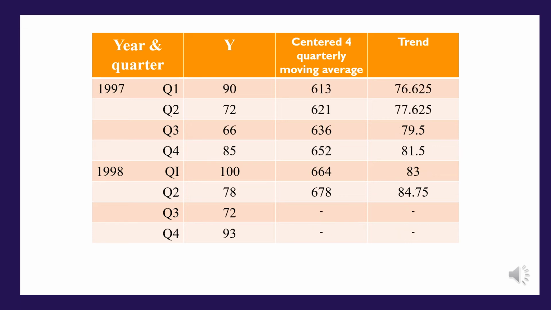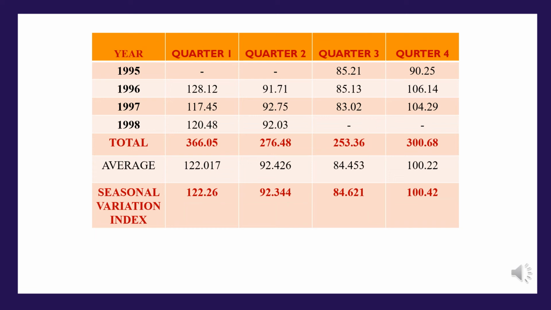Similarly, we can calculate all the trend values. After calculating all the trend values, we need to calculate original value divided by trend value into 100 and tabulate seasonal wise as in the table. After calculating the percentages of trend values, the remaining steps are very similar to the method of simple average. That is, the total of the values of each season is found. From each total, average of the season is found.